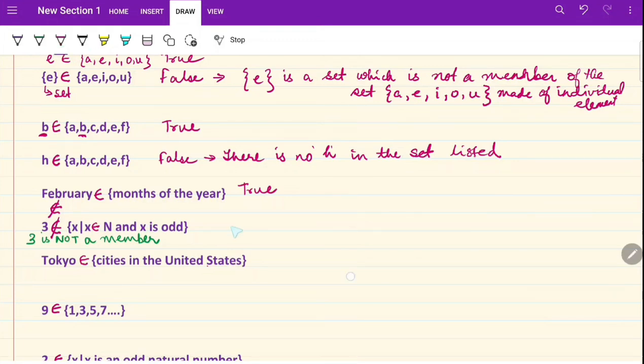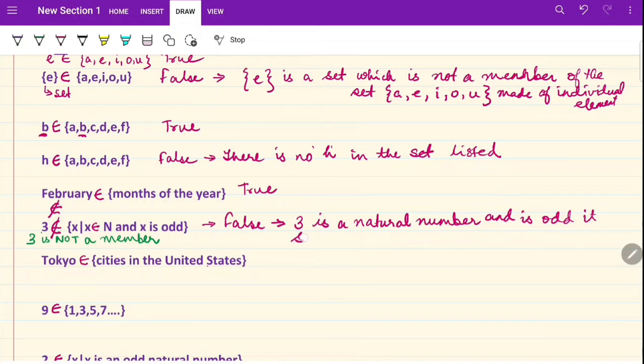We should mark it as a false statement, and to explain, you have to say that because 3 is a natural number and is odd, it does belong to the set. So that's a false statement.